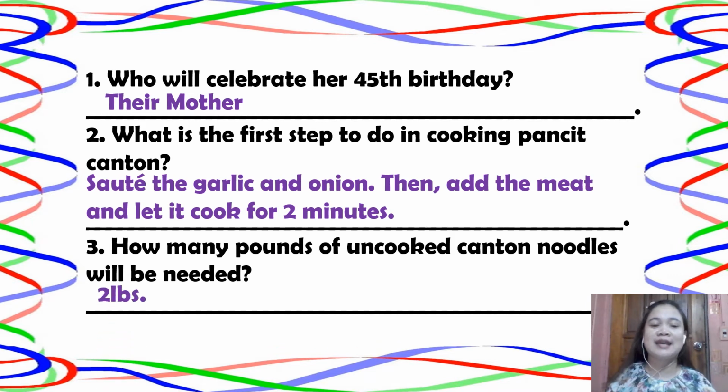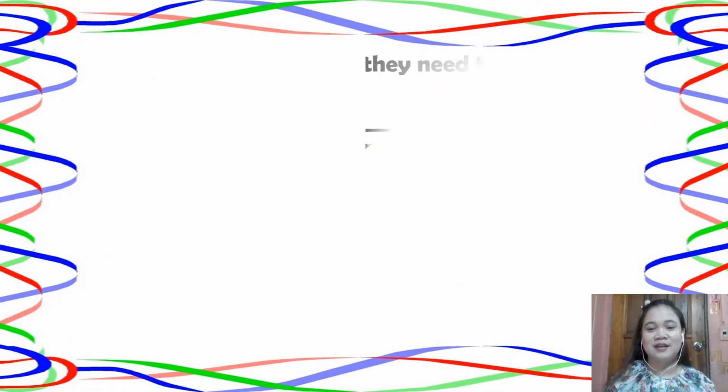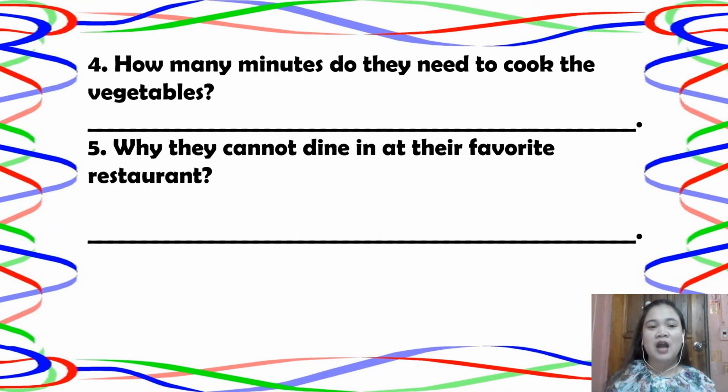Very good. It's 2 lbs or 2 pounds of uncooked canton noodles. Number 4, how many minutes do they need to cook the vegetables? The answer is, that's great, 5 to 10 minutes.